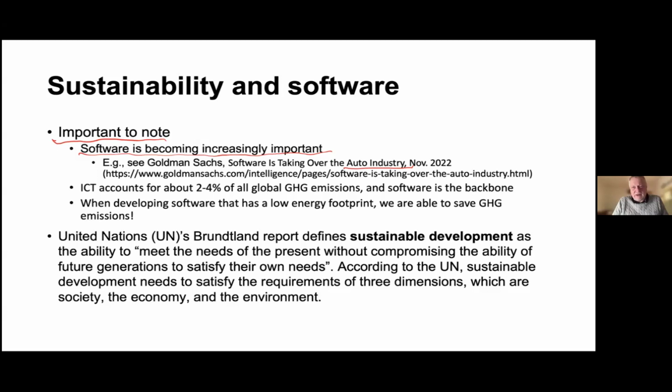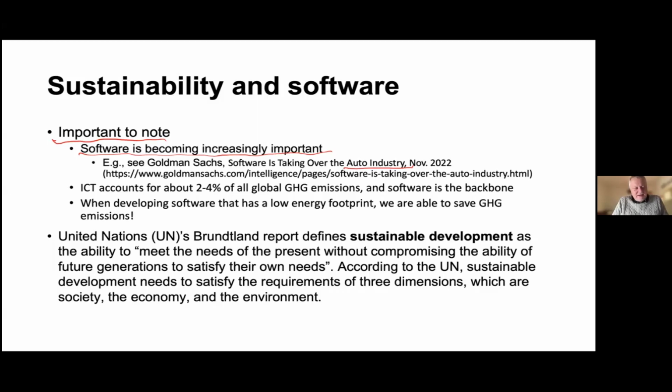And some people in the automotive industry nowadays say that a car is nothing else than a smartphone on wheels, which means basically that we have a very similar situation to all other systems.